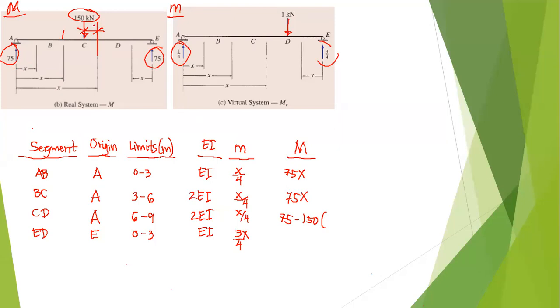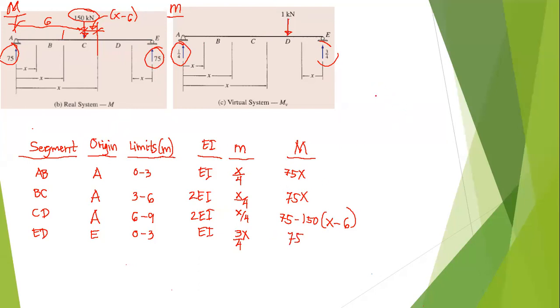The total distance is 6, and this is 3, so this distance is equal to x minus 6. On the other hand, the moment for DE, where our origin is from E, is 75x.